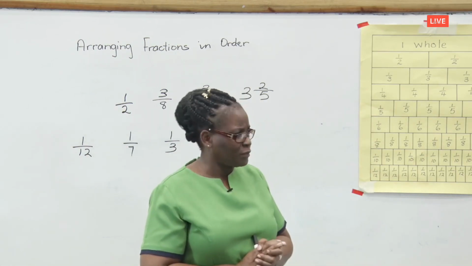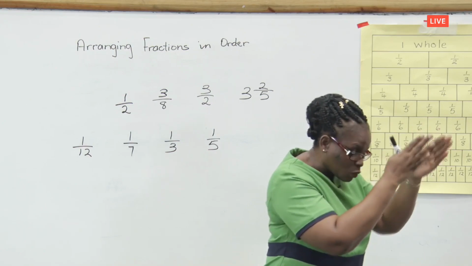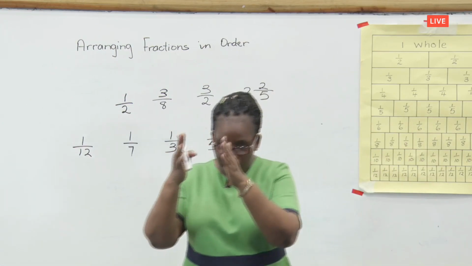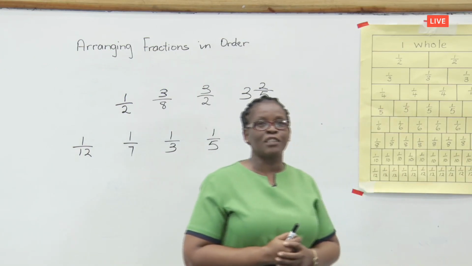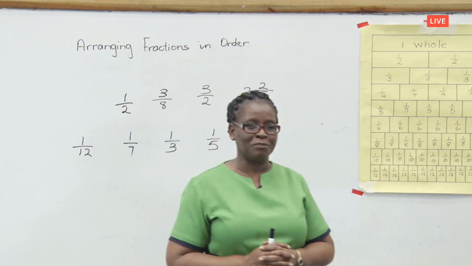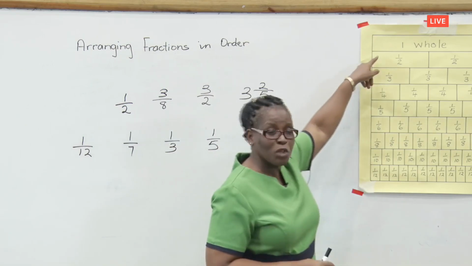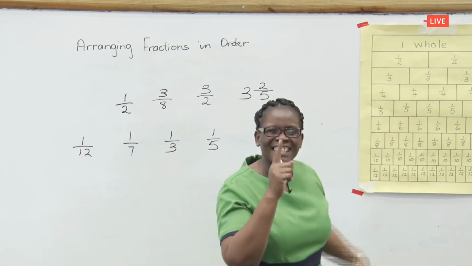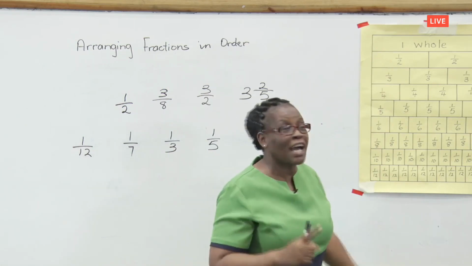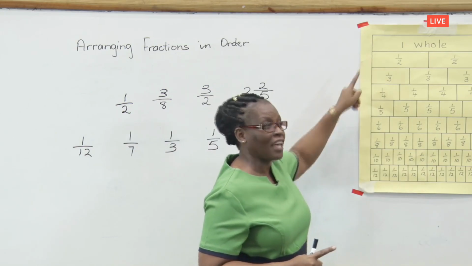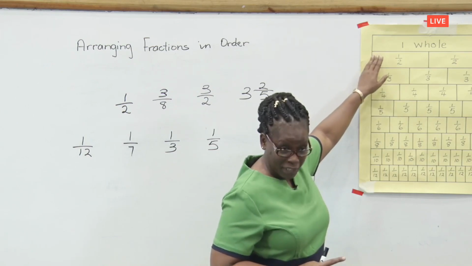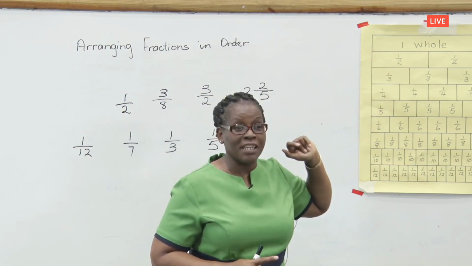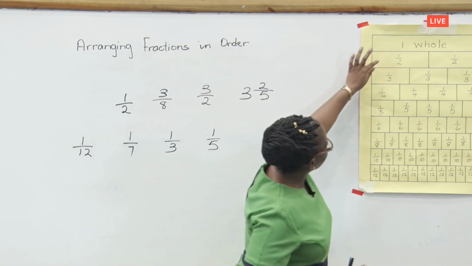Now, if I have 2 mangoes, and I share 1 into halves and 1 into 12, and I'm going to give you 1 piece, which piece would you want? Why would you want 1/2? Exactly, because 1/2 is bigger than 1/12. So yes, I want a big piece, so I will want 1/2.